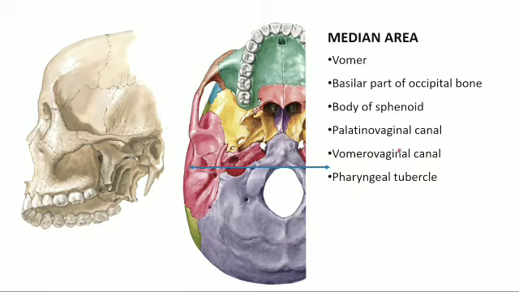The two tiny canals, palatino-vaginal canal and vomero-vaginal canal, are also seen in the area of this median part, but these two features I will explain after explaining the pterygoid process and pterygoid plates. Another important fact to be learned is the pharyngeal tubercle.